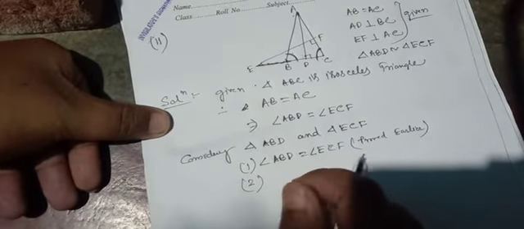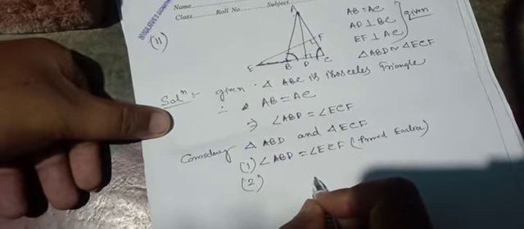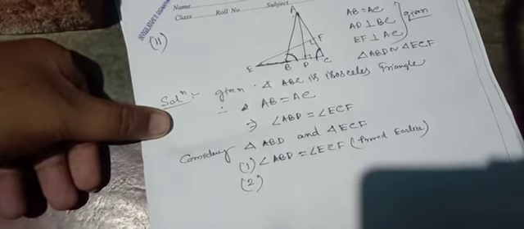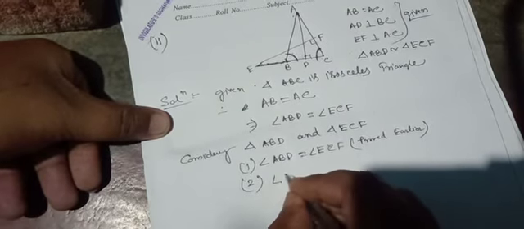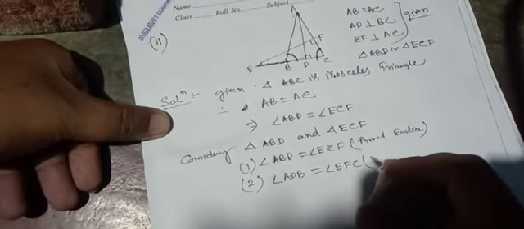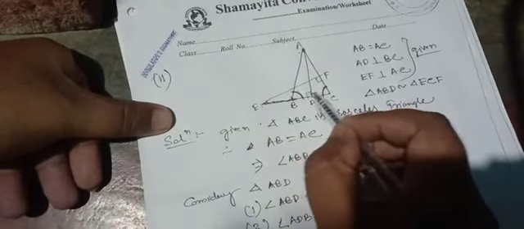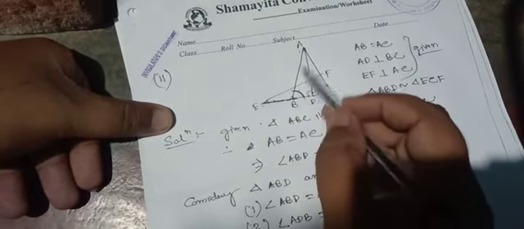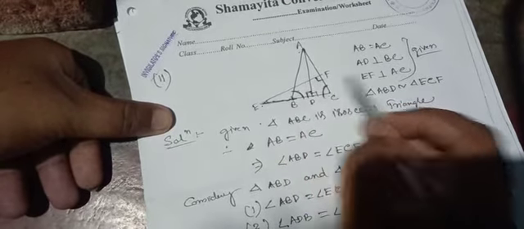Second one, angle ADB will be equal to angle EFC, each 90 degrees. This angle will be equal to this angle, since it is 90 degrees.